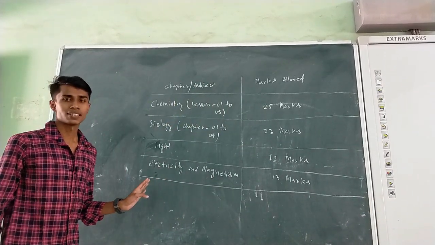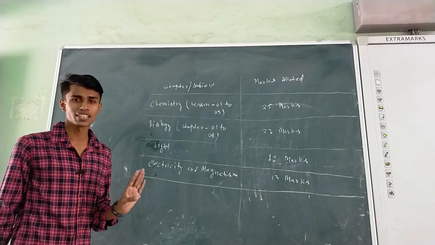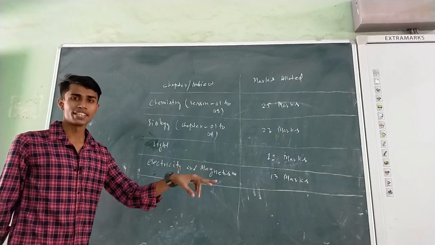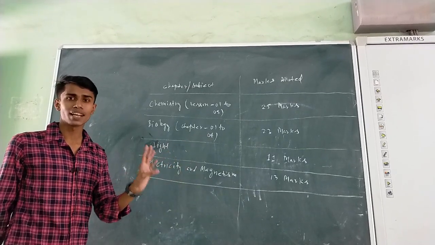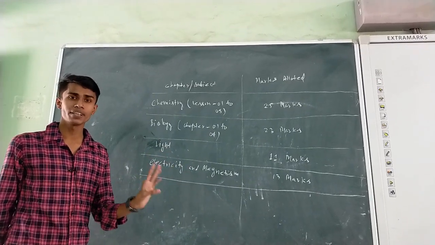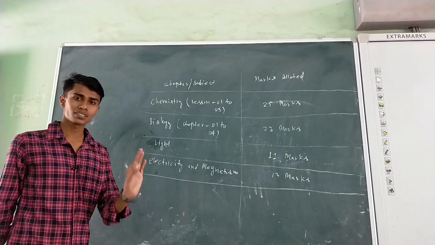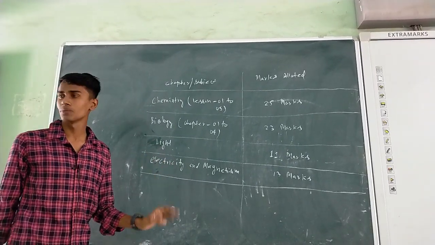Now, which chapters are left? The chapter number 3 from physics, source of energy, and the last 2 chapters, natural resources from biology. The last 2 chapters and our environment have been excluded. The remaining marks come from these chapters.